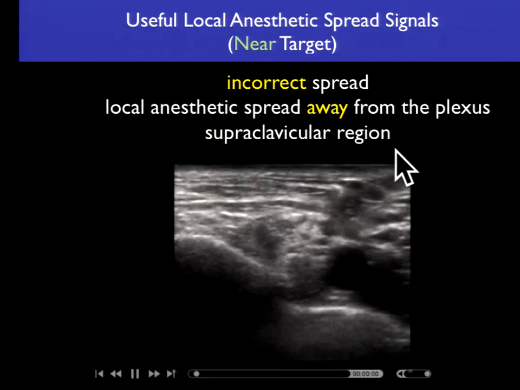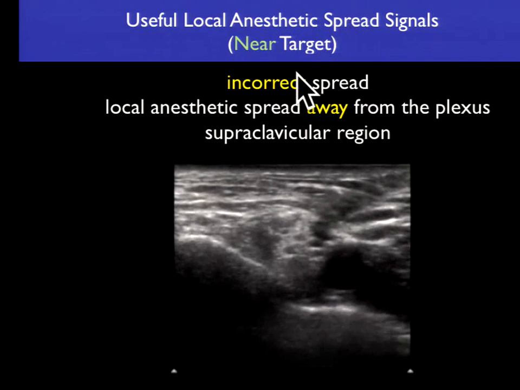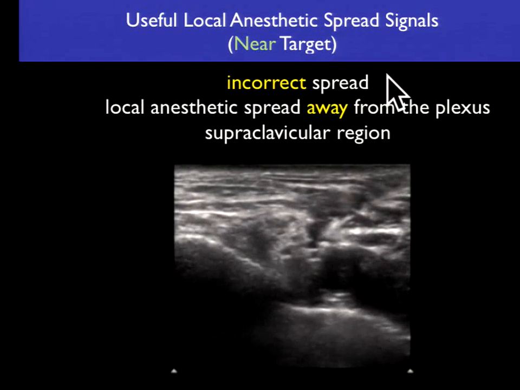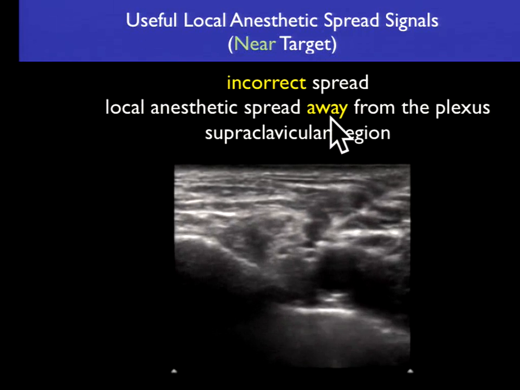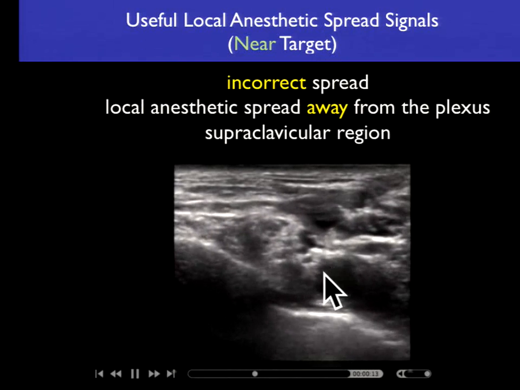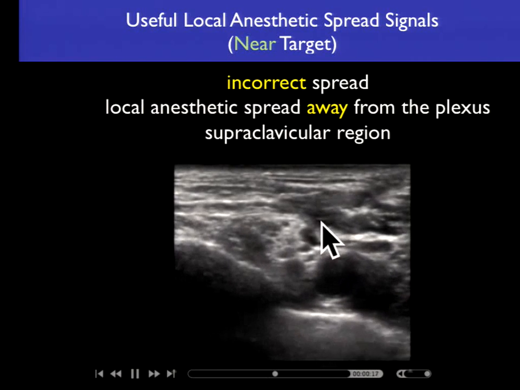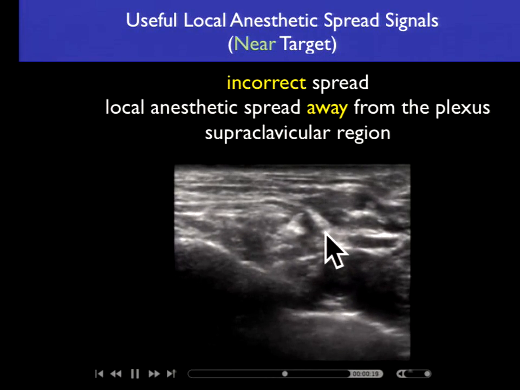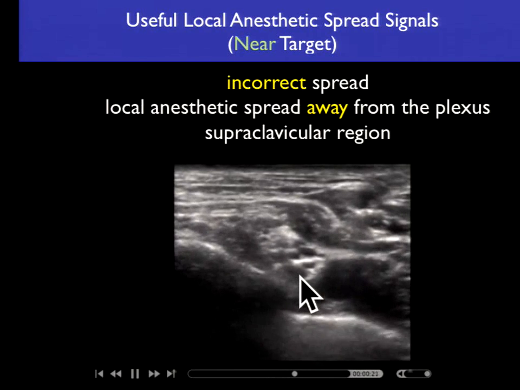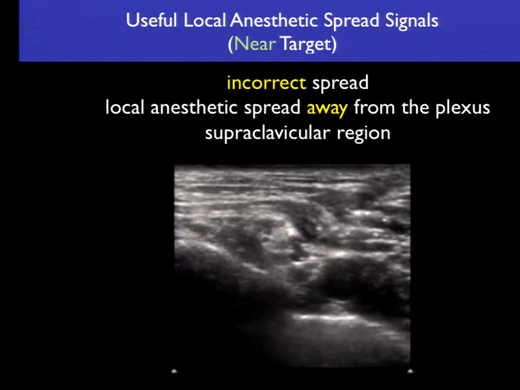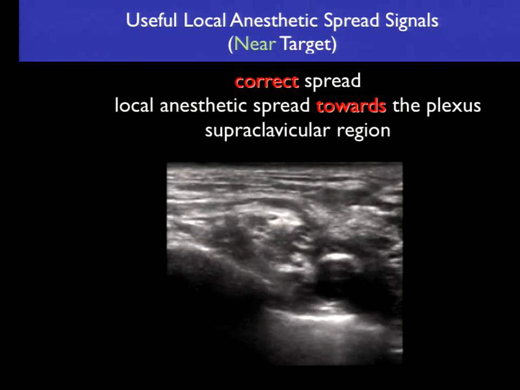Also, there are very useful local anesthetic spread signs when it is near to the target. How do you know whether the spread is good or not? So there are good spreads and there are also incorrect spreads. So in this case, the plexus is here. This is again a supraclavicular brachial plexus region. When I inject, you see the local anesthetic is spreading away from the plexus. So it clearly tells you it's not good enough. So what I need to do now is to advance the needle.